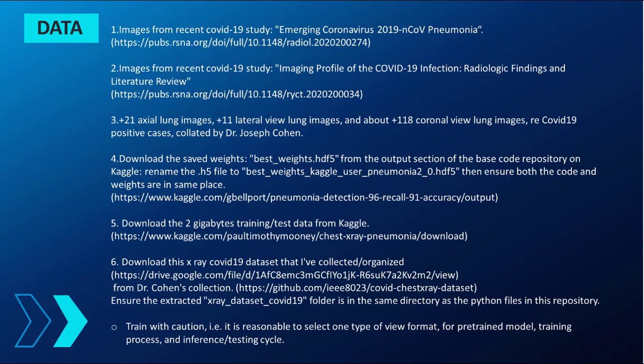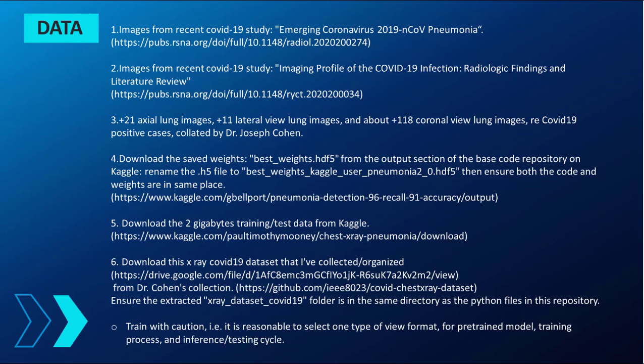Here is the list of data we have taken from various sources, such as images from a recent COVID-19 study, emerging coronavirus 2019 and COVID pneumonia, and images from a recent COVID-19 study, imaging profile of the COVID-19 infection, radiologic findings and literature review, plus 21 axial lung images, 11 lateral view lung images, and about 118 coronal view lung images of COVID-19 positive cases, collected by Dr. Joseph Cohen.